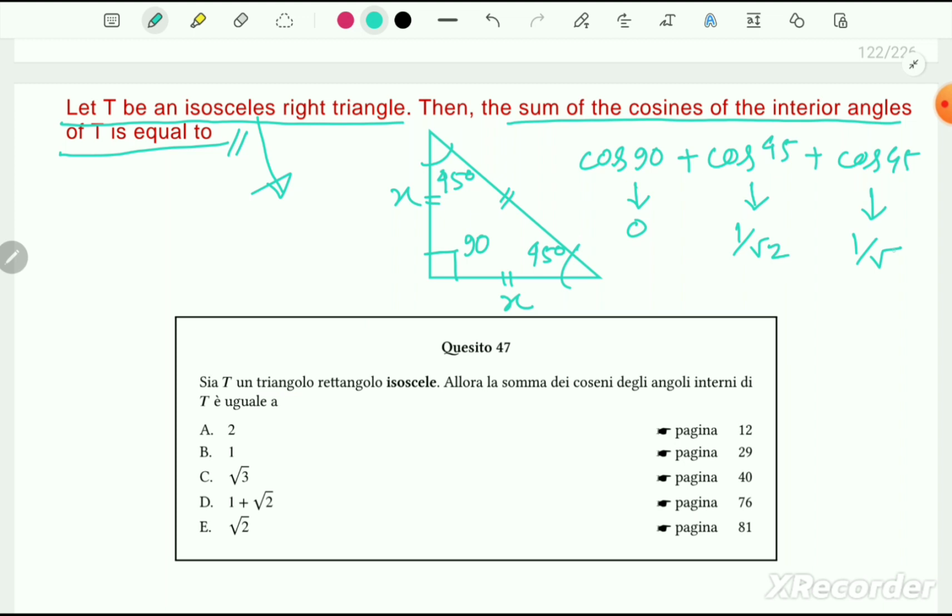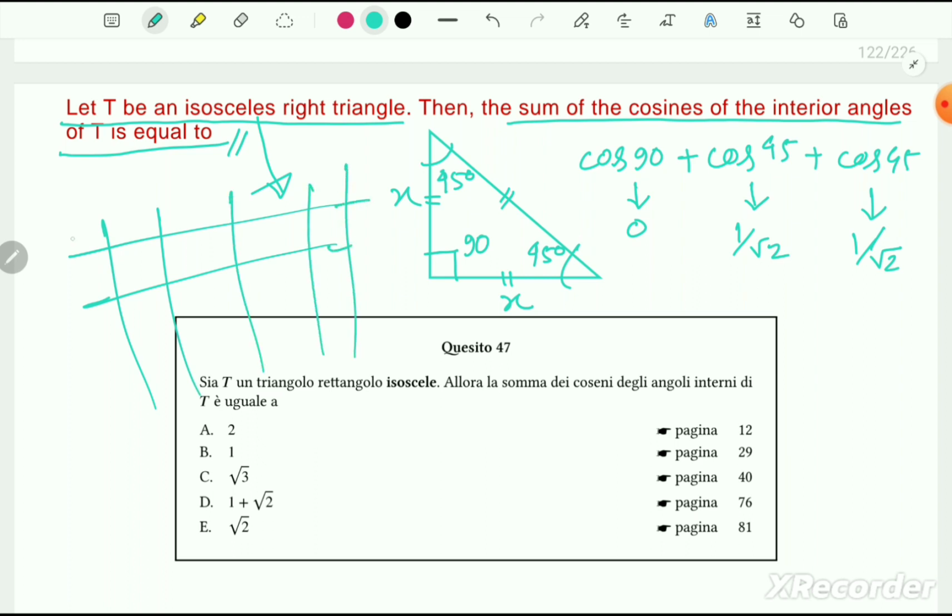I always suggest you to memorize the table. We know the table, like sin x and cos x, 0, 45, 30, 60, 90. Always remember this table. If you remember, it's easy, but it doesn't mean that you have to memorize.